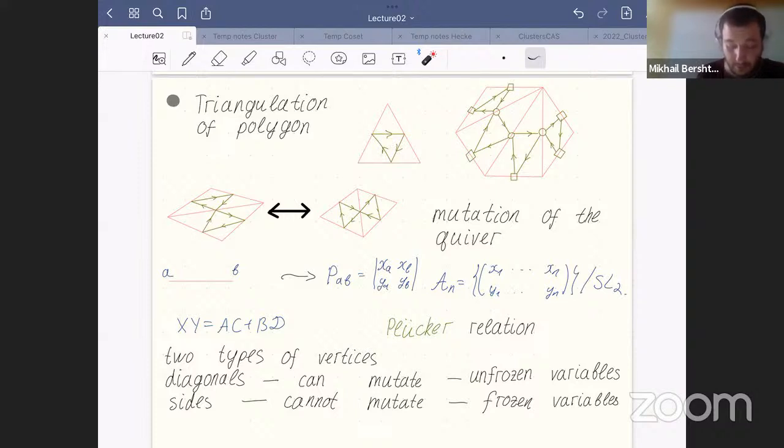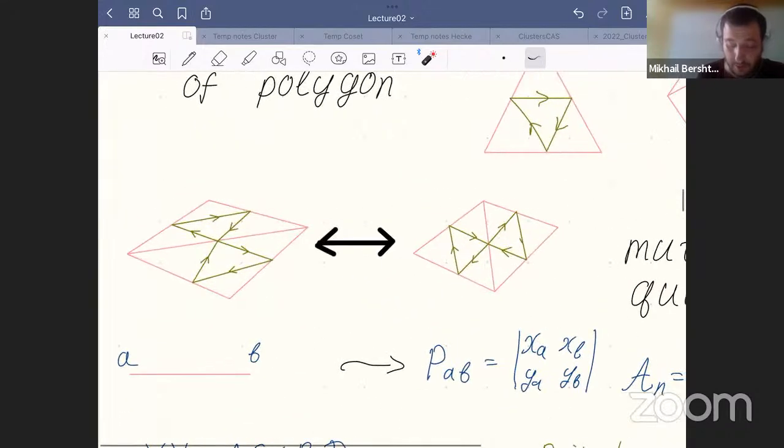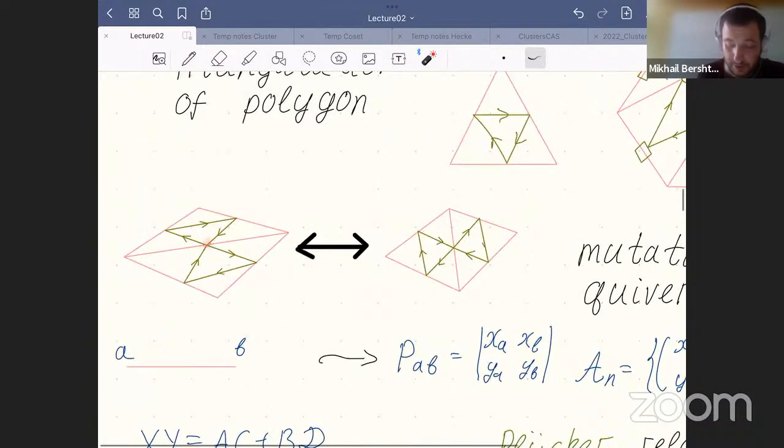First, it should be seen combinatorially. We do mutation in this vertex, so we change orientations on the edges adjacent to this vertex. After that, we close the triangle and add such an edge, and also close the other triangle and add such an edge. And here we have a cancellation of this edge with the existing one.